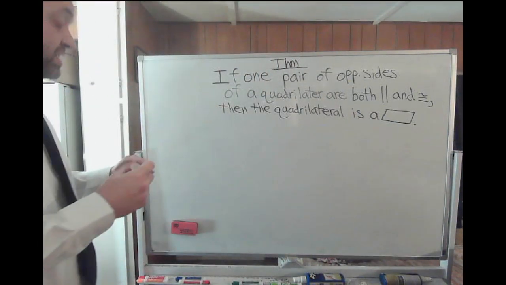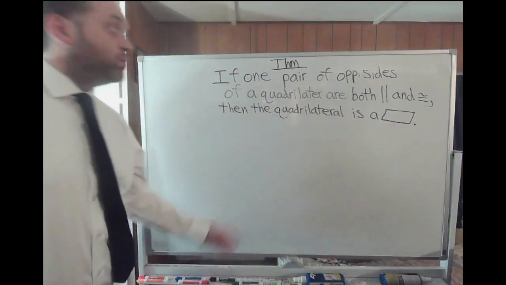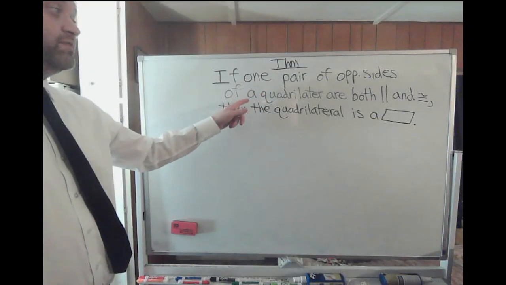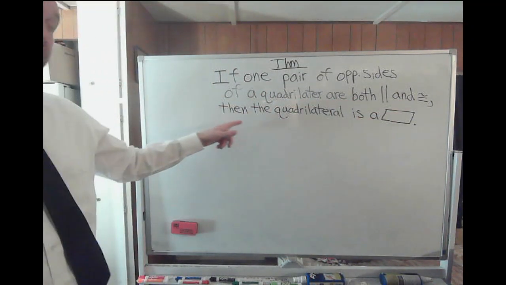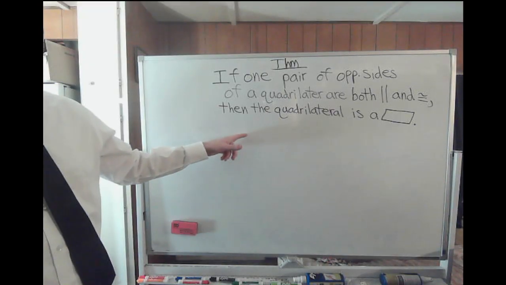Alright, so this theorem states that if one pair of opposite sides of a quadrilateral are both parallel and congruent, then the quadrilateral is a parallelogram.